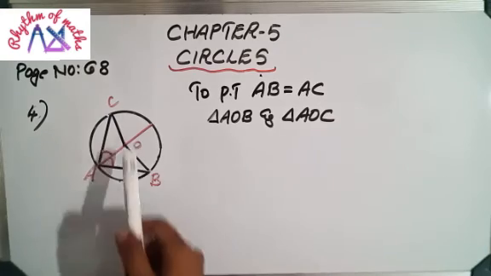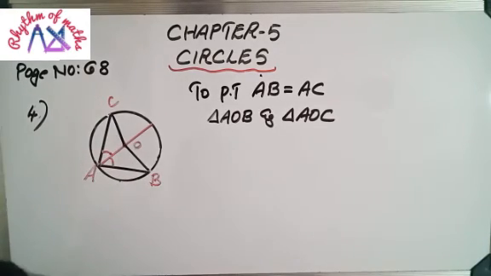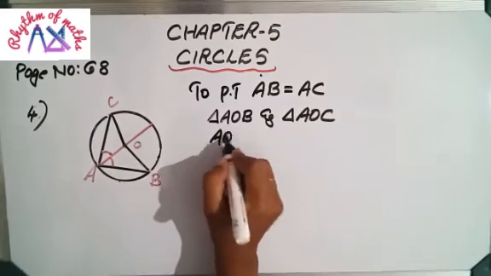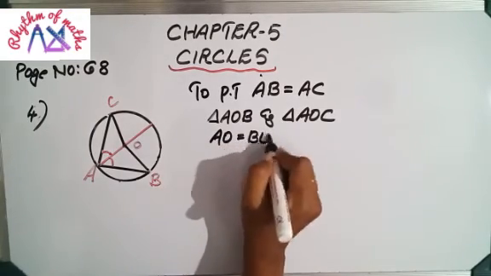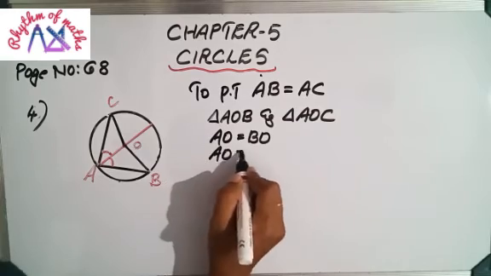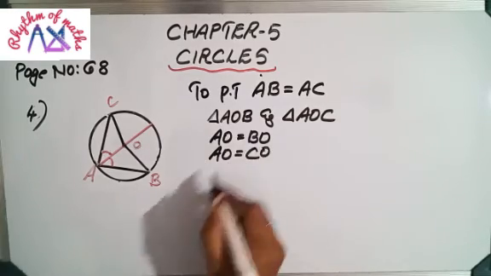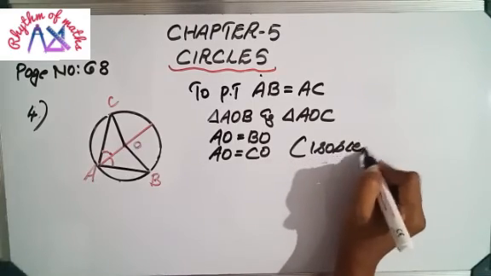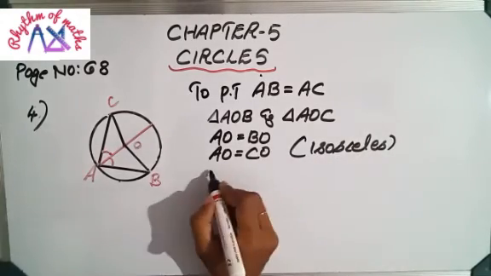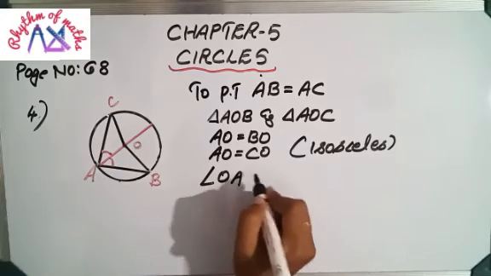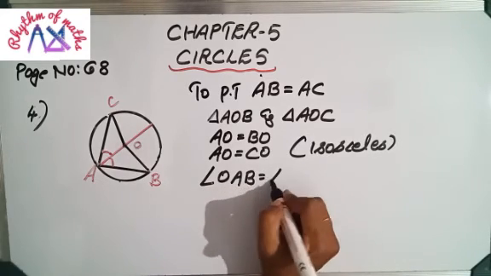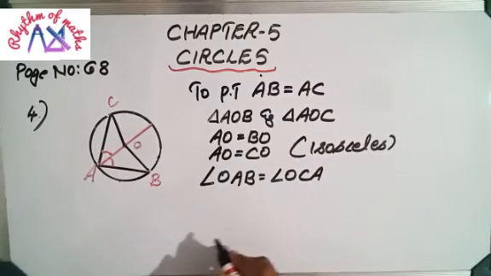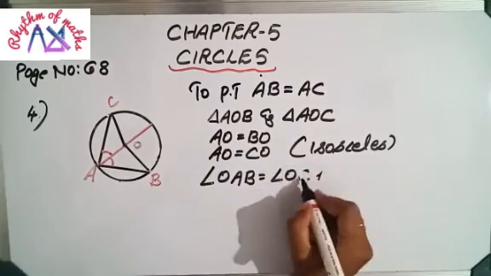Here you can see both are isosceles triangles, because radius: in the previous question we proved that AO equals BO, and AO equals CO. Two sides equal means isosceles triangle. And one more thing is given, angle OAB equals angle OAC, same inclination.